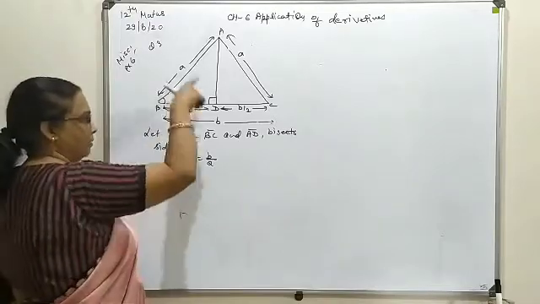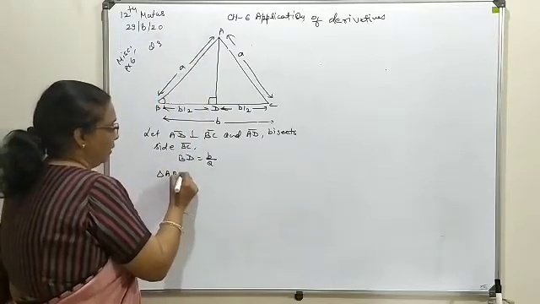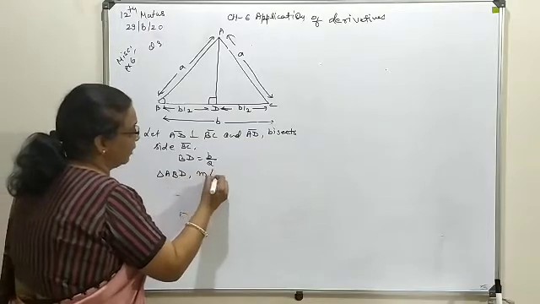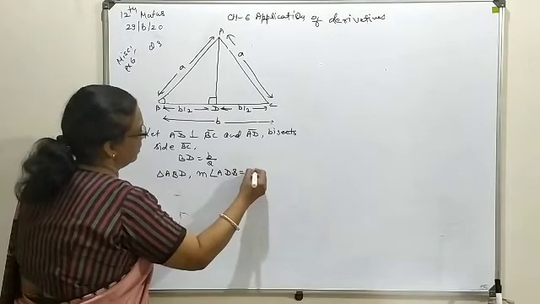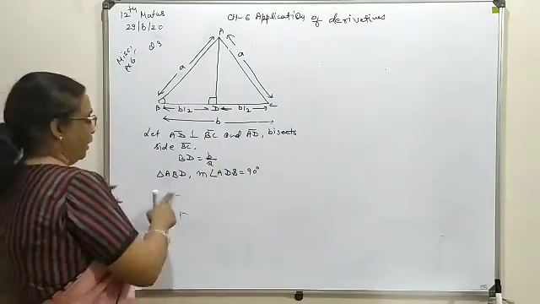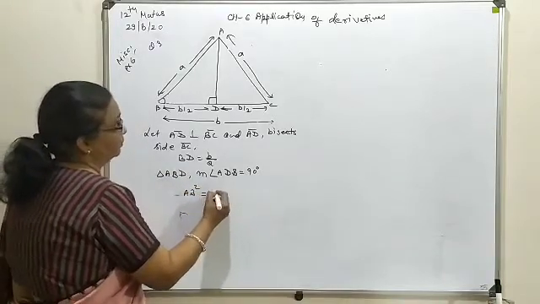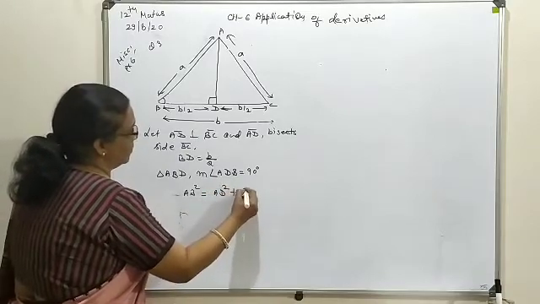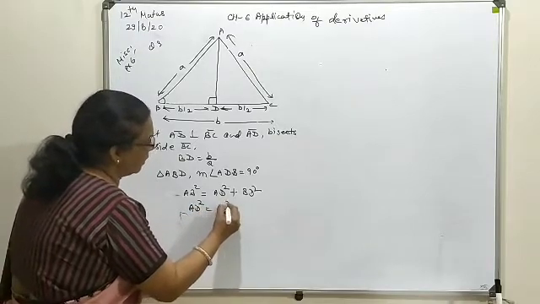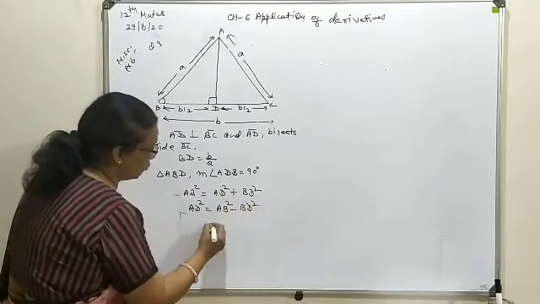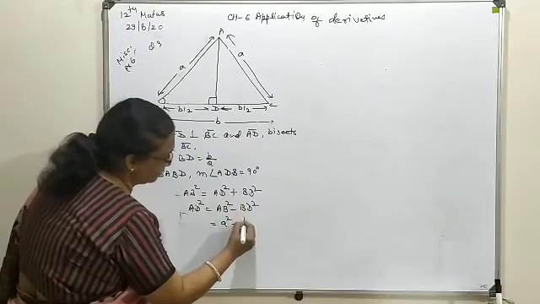So let us consider triangle ABD. Here the measure of angle ADB is 90 degrees, as it is a perpendicular. So AB square is equal to AD square plus BD square. From here AD is the required term, so AD square is AB square minus BD square. These two we know: AB is A, and BD is B by 2.